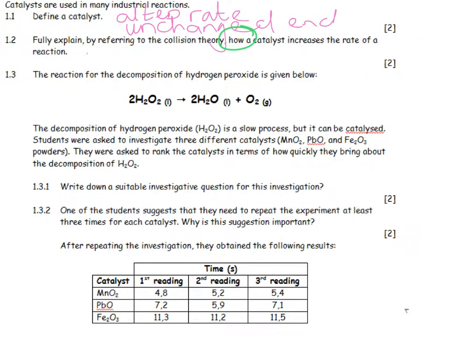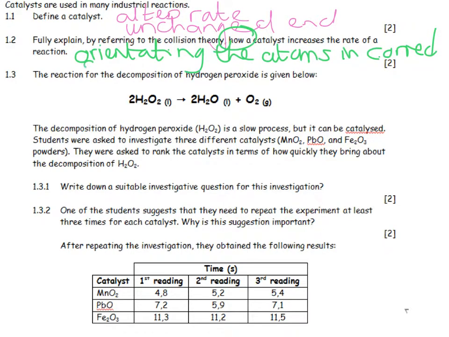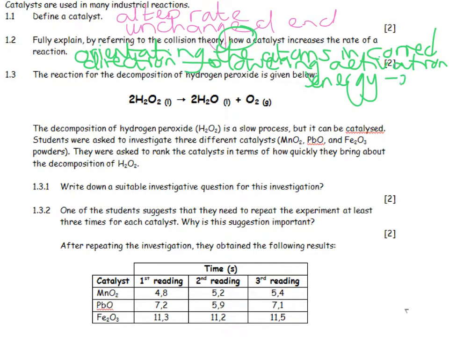The way the catalyst works is by orientating the atoms in the right direction, and by doing that we land up lowering activation energy, because it's easier to collide.